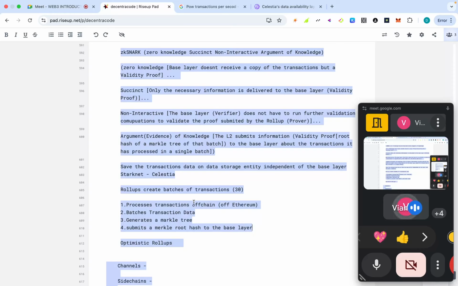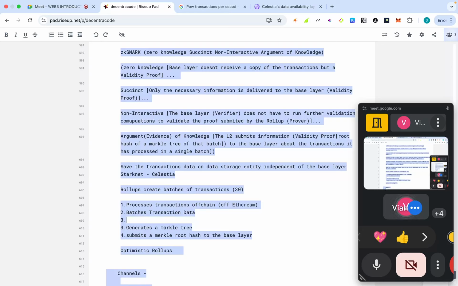So when transactions come in, they are batched together and processed. Then it generates a Merkle tree. This may not be the exact order, but I'm just listing the important parts of the process of processing data and deploying it on chain.